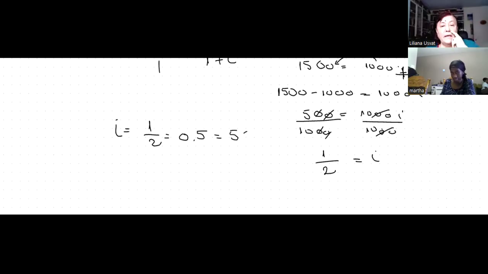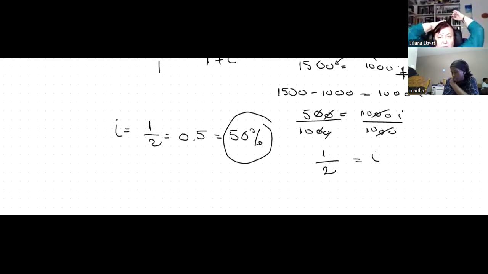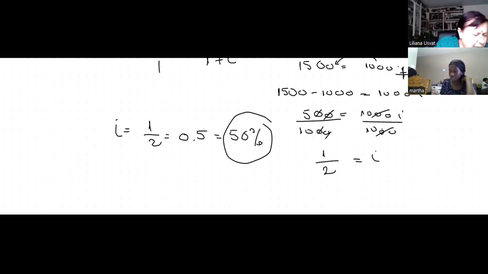So if you invest $1,000 and you expect to get $1,500, the interest should be 50%. Okay. Let's go to the next.